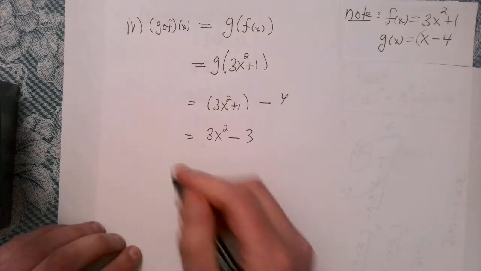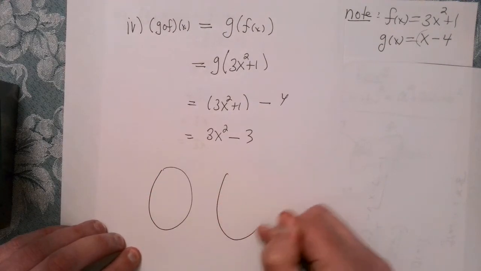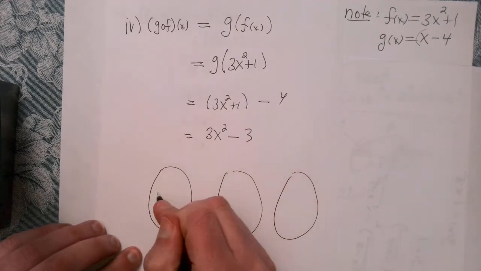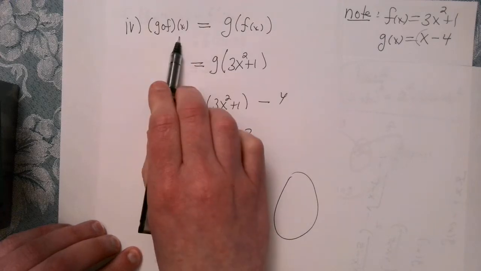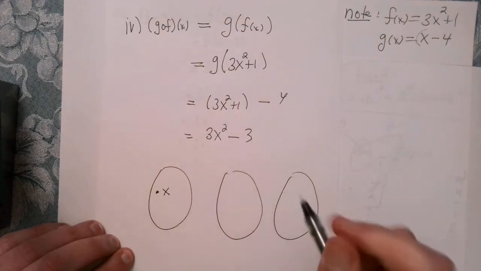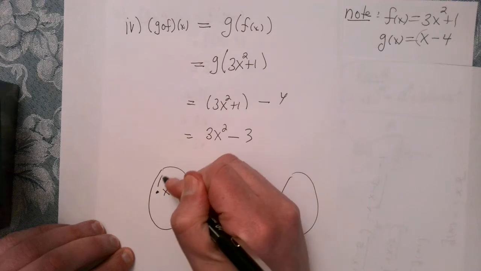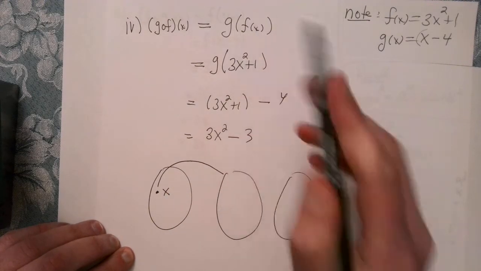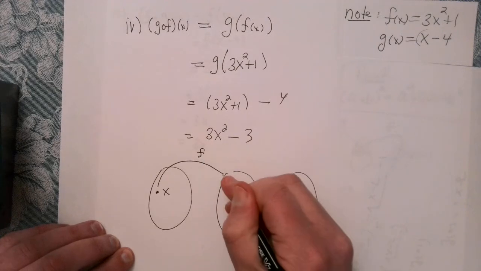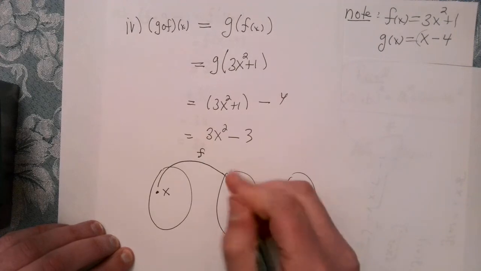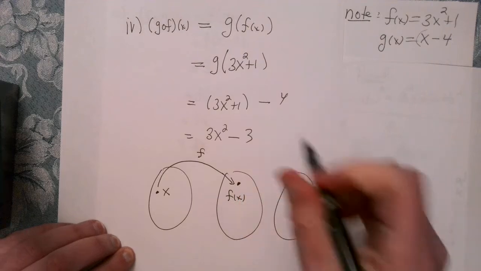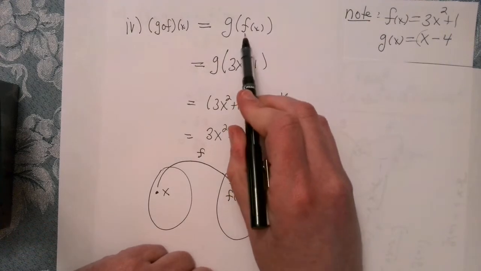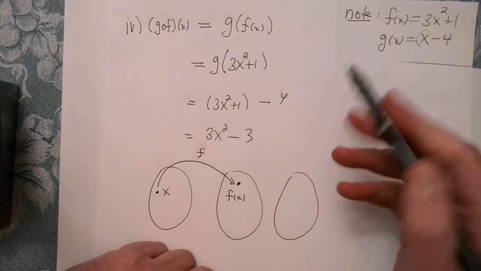So what's happening in this case? You start with x and you apply the map f first, right? So start with x, apply the map f first. You're going to land at some value, f of x, and then you apply the map g after f.